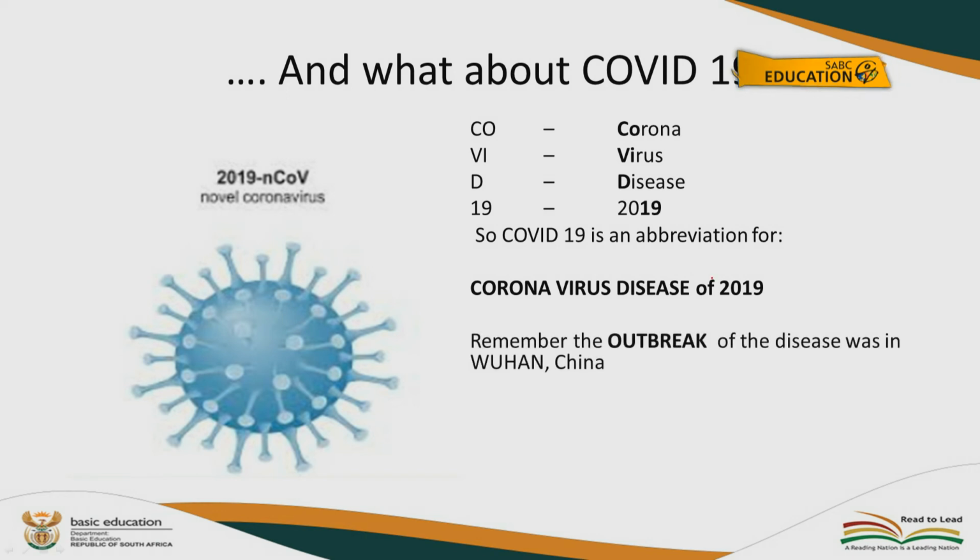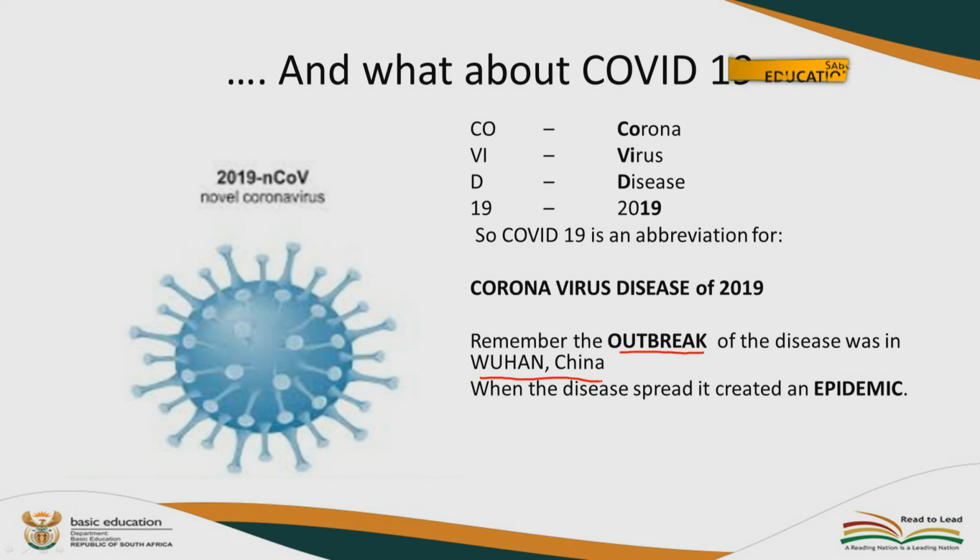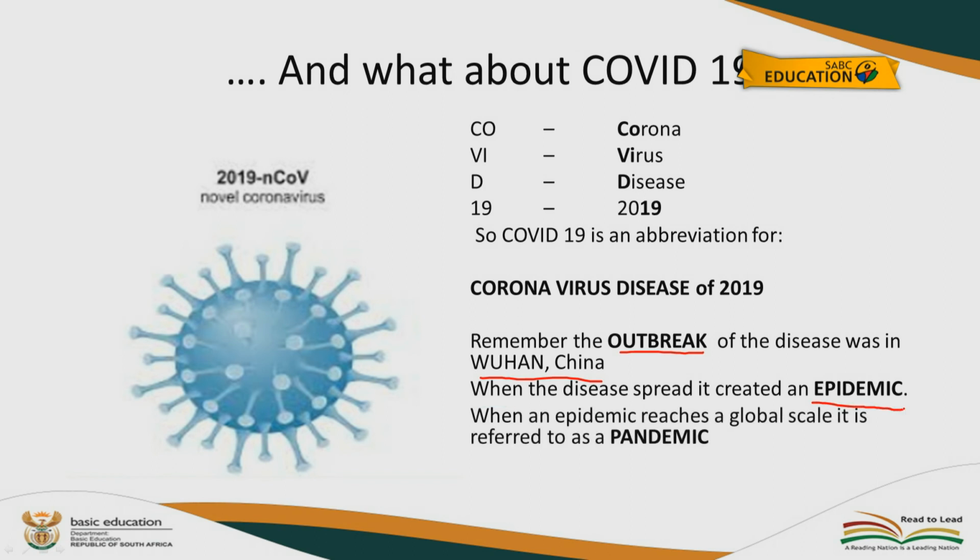Also consider the following, and I'd like you to remember, people are using the words pandemic and epidemic. The outbreak of this disease was in Wuhan, China. Patient 0, which occurred in KwaZulu-Natal, then brought in this virus, and then it became an epidemic.